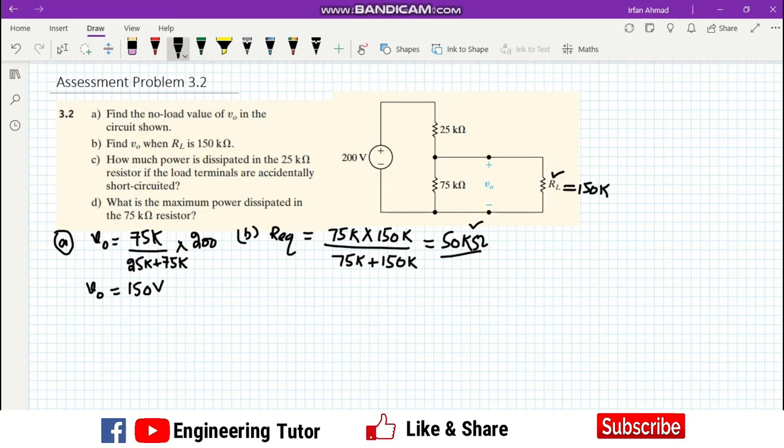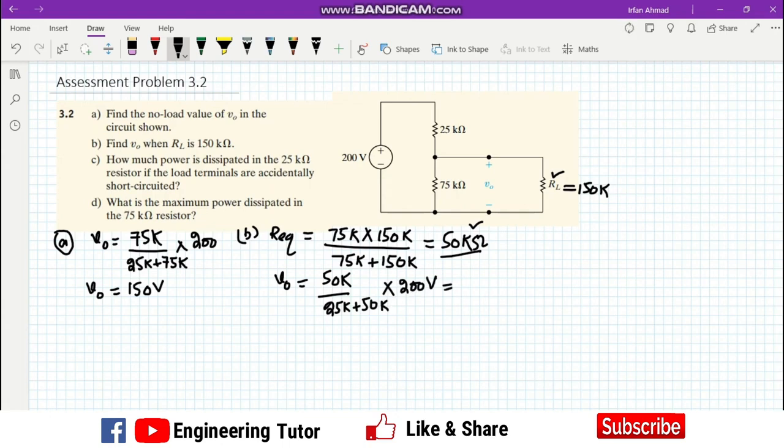Okay, so now we have to find the V naught when this 50k is the equivalent resistance. So now the value of V naught is 50k divided by 25k plus the equivalent resistance, multiplied by the total voltage here.